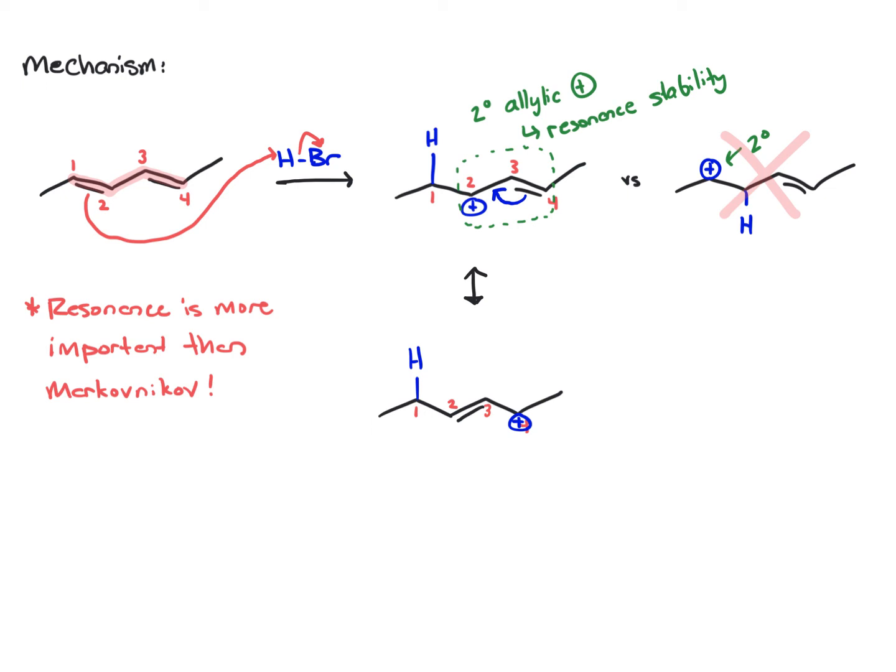So start with this top resonance structure. If the bromide ion adds, here we get the 1,2 product.